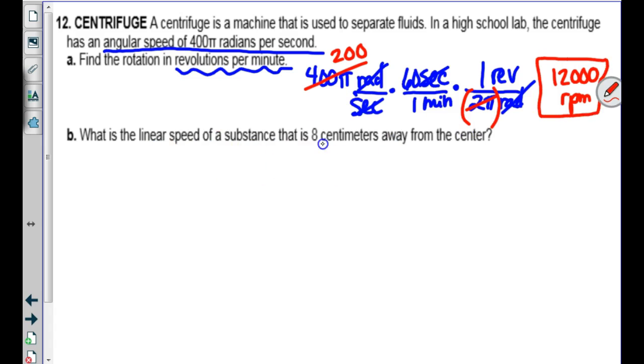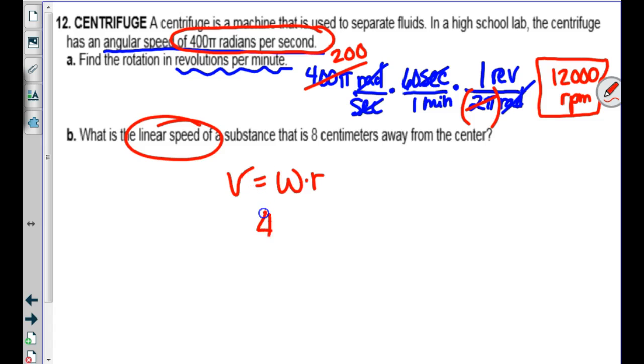What is the linear speed if it is 8 centimeters away from the center? Okay, linear speed. Well, which one do we want to use then? Which of those speeds? RPMs or the original radians per second? Yeah, because our formula for linear speed that I like to use uses angular speed that's already in radians.